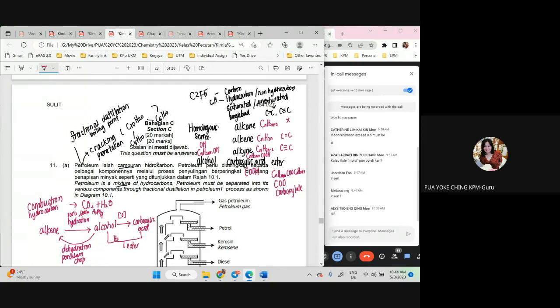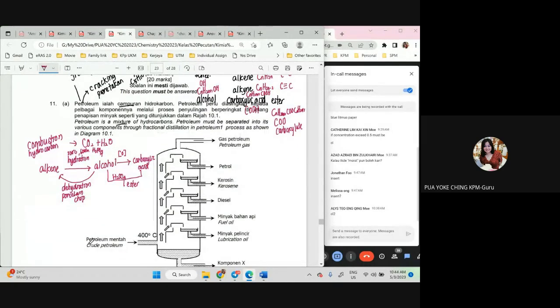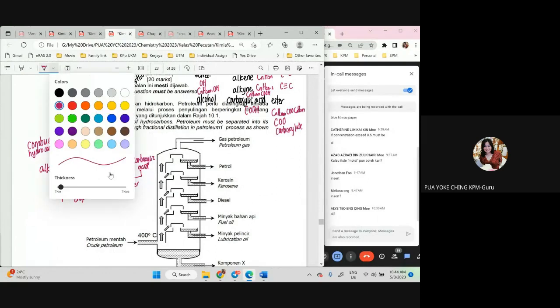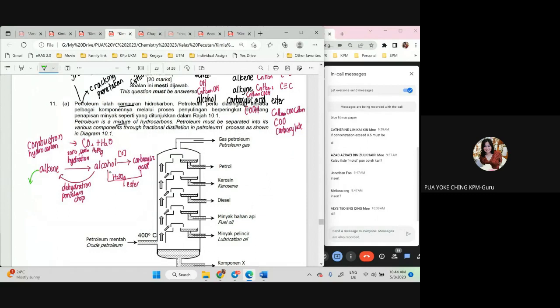You kena ada H2SO4 sebagai catalyst. You need the concentrated sulfuric acid. Okay. So ini ialah yang biasa dia pusing-pusing lah. And actually alkene boleh balik ke alkane. Which is hydrogenation. Tambah H2. Okay. So apa condition dia you check sendiri.